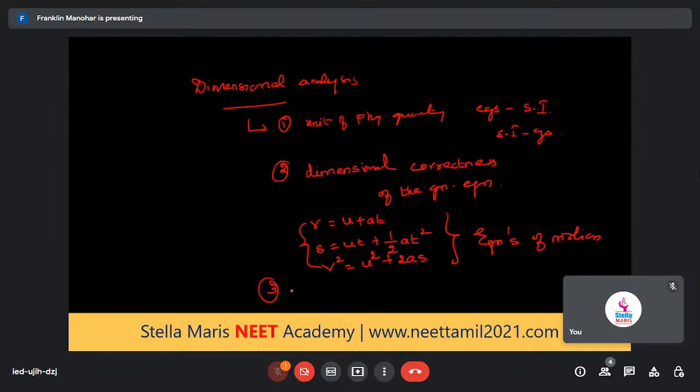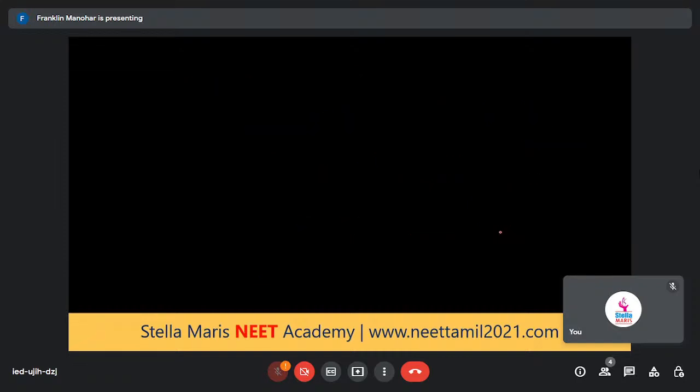Third one, to establish the physical relationship between the quantities in the equations of motion. So these are the uses of dimensional quantities. Now we will discuss these three, relating them together.